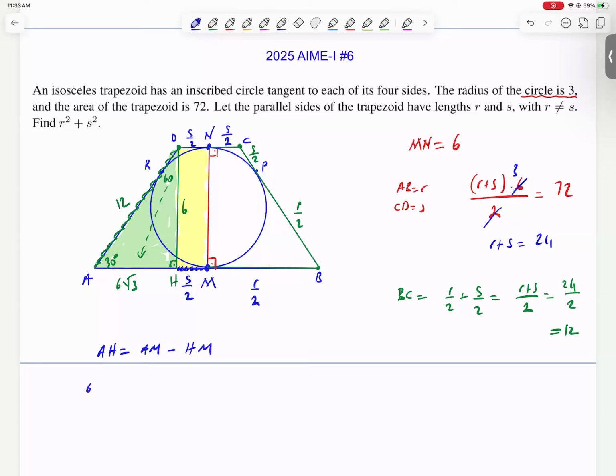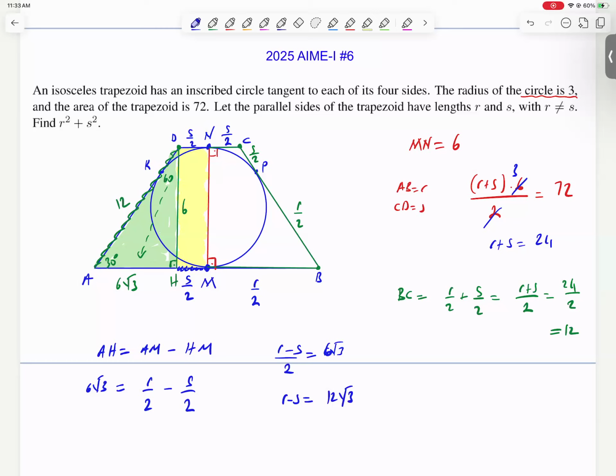AH is equal to 6 root 3, AM is equal to r over 2, and HM is equal to s divided by 2. Then (r minus s) divided by 2 is equal to 6 root 3. Then r minus s is equal to 12 root 3.